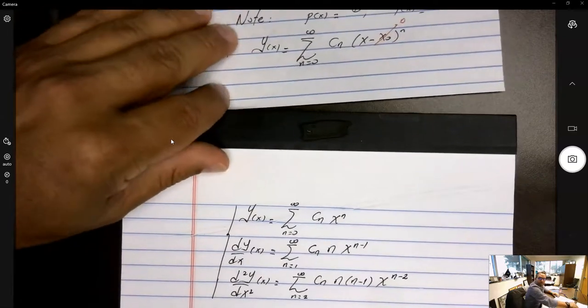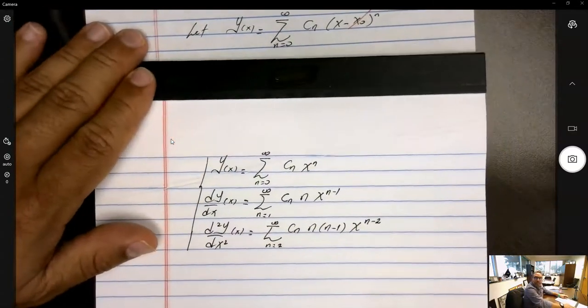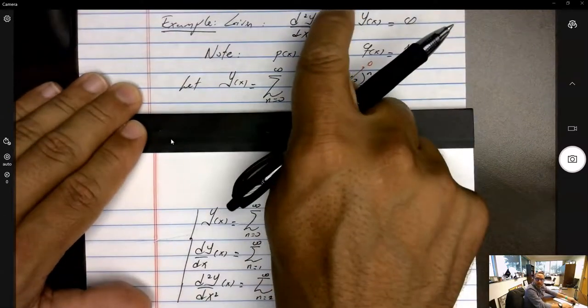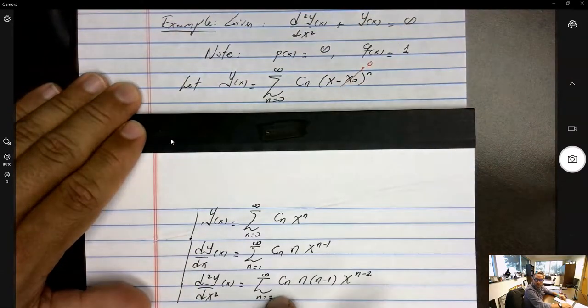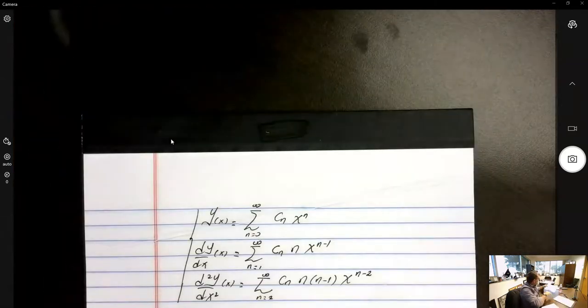Okay. And what we're going to do is plug these back into the ODE. We're going to take these three and plug them in here, actually only two of them, the second derivative and the original function, to see what happens.